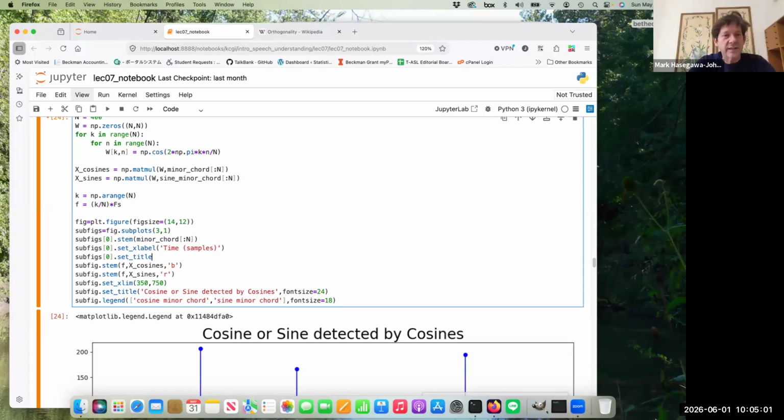I'll give it a title saying that this is the minor chord created using cosines.